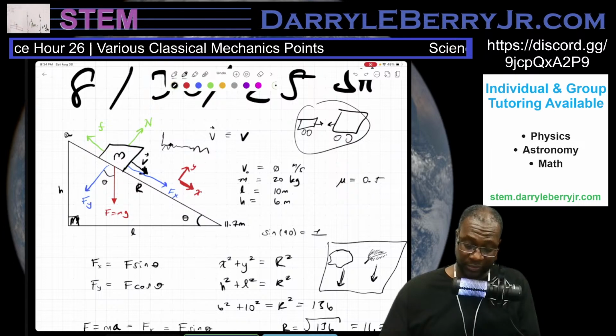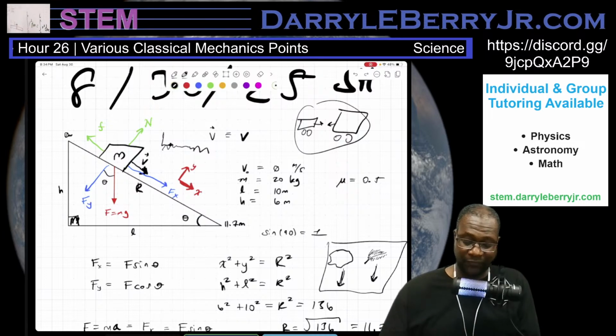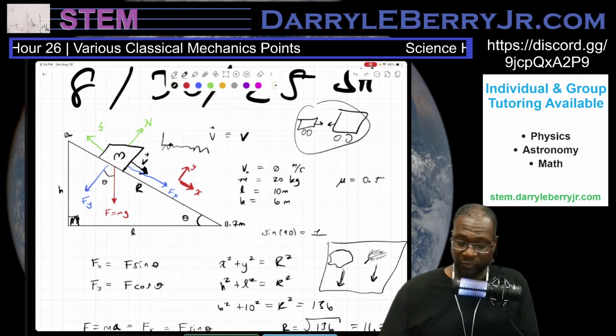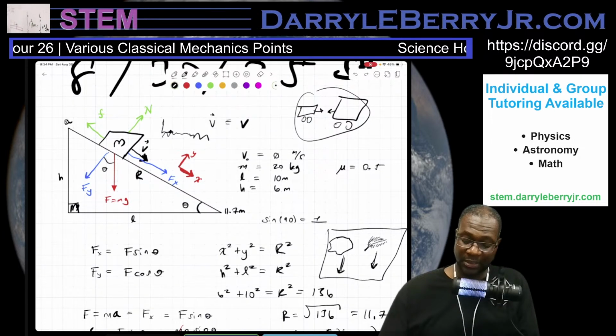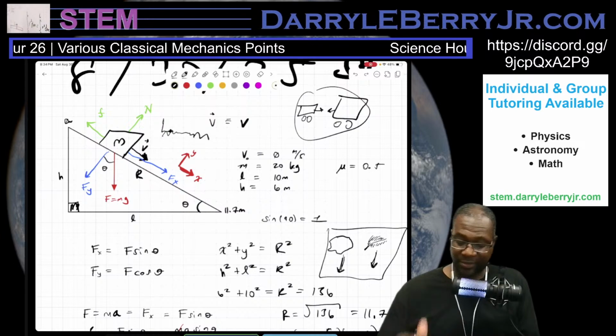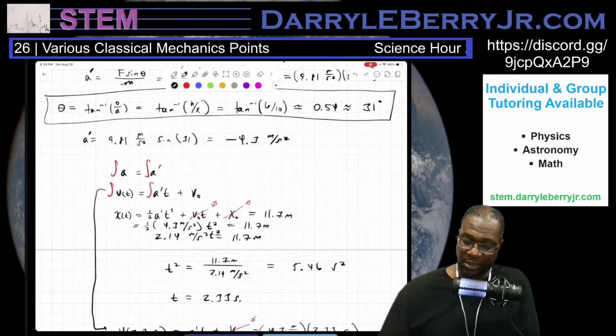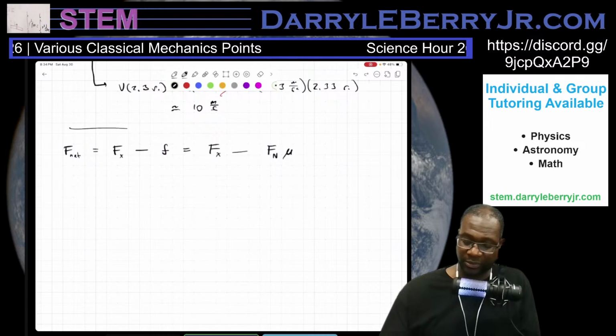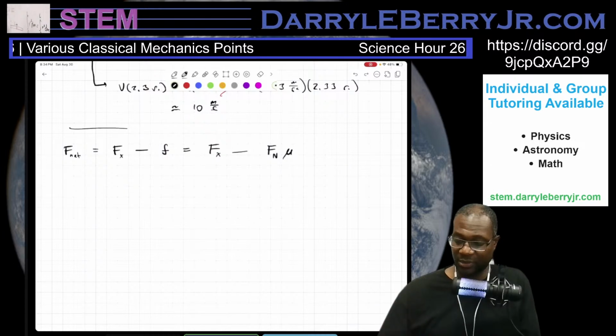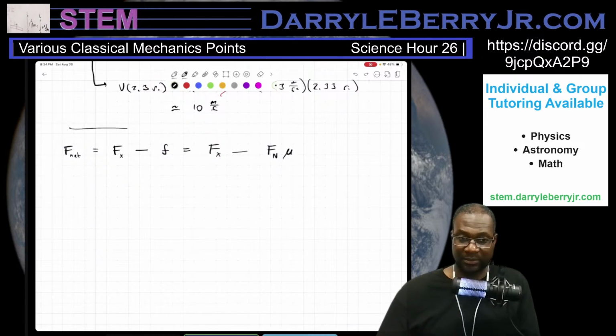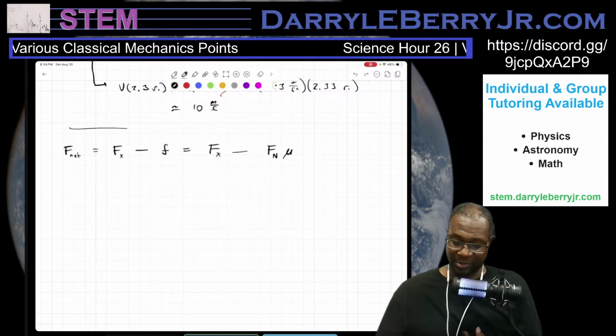So this normal force is directly involved in the friction. If we tilt that ramp higher, the friction will be less because there'll be less normal force. And of course, if we turn it 90 degrees, the object will just fall freely.